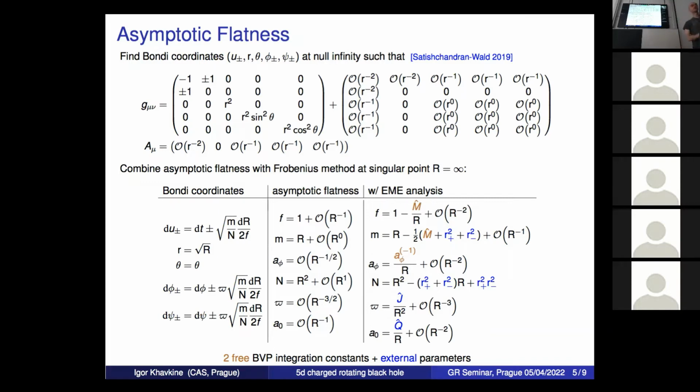Yes. But do you have to assume that the solution admits an expansion in power series by this method? I mean, because it can have logarithms, right? Yeah, so logarithms are allowed in general in the Frobenius method, but the way that they appear, they would contradict the asymptotic flatness assumption. So the coefficients that appear in front of logarithms are eliminated.